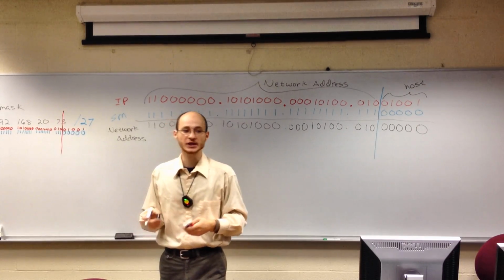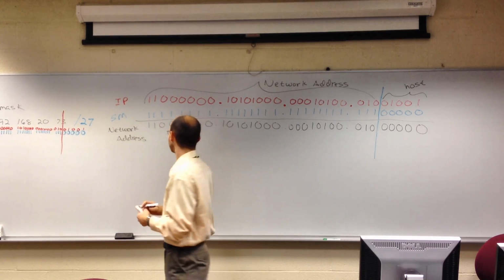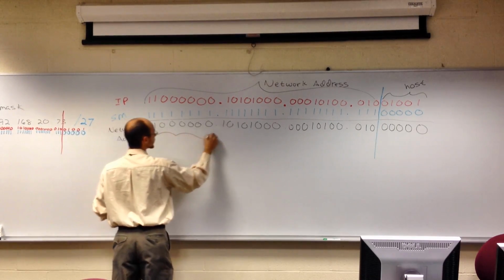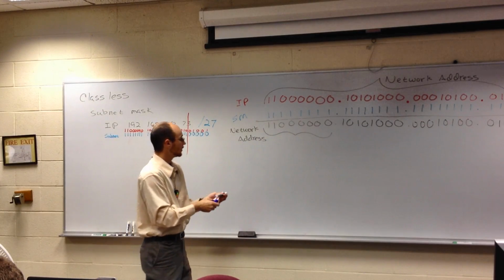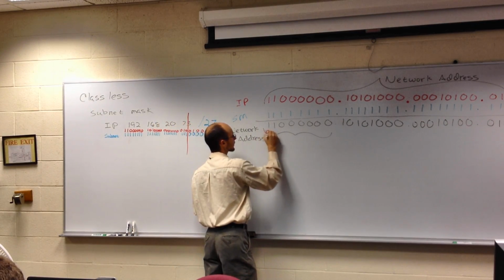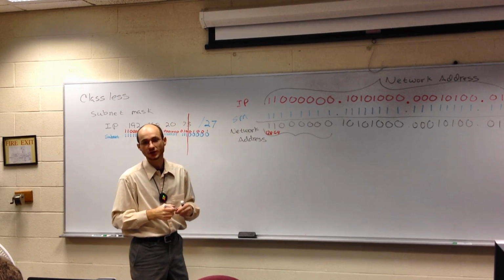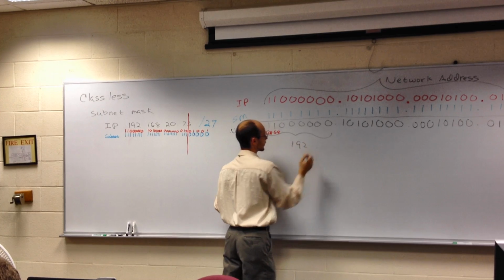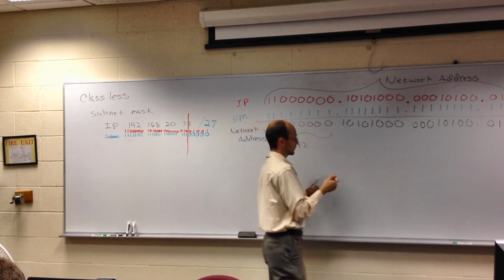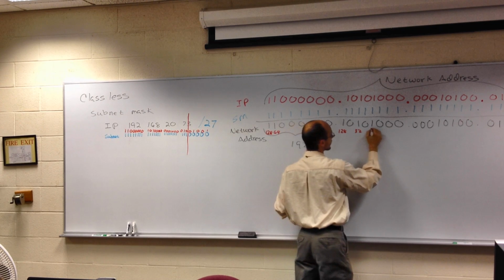Now let's convert this back into a decimal number so we can configure our routers properly. This is where we need to learn our places, correct? This is a 128. This is a 64. The rest are all zeros. What's 128 plus 64?